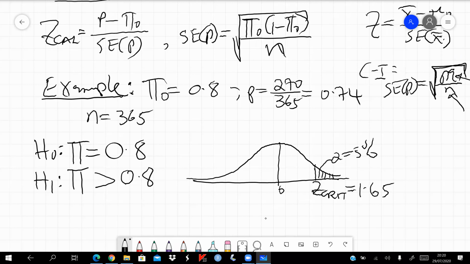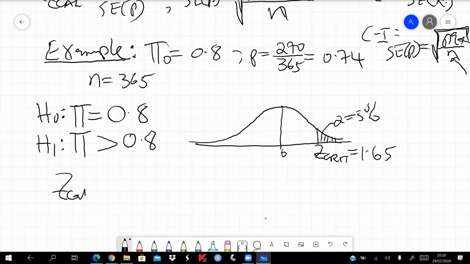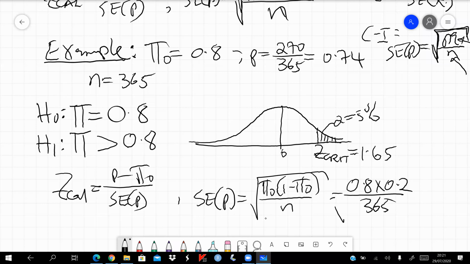So once you set up your critical region, the next thing is to obtain your Z calc. You use P minus pi naught divided by the standard error of P. You can start with the standard error of P, which is the square root of pi naught, 1 minus pi naught over n, which is equal to 0.8 times 0.2 divided by 365, everything under the square root.